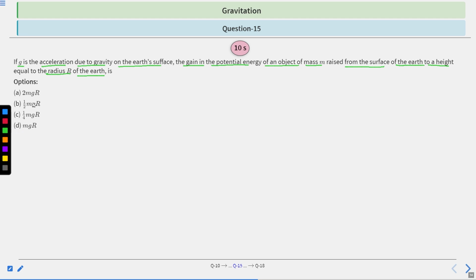Clear? So which option is correct? Option A 2 mgr, option B half mgr, option C 1 by 4 mgr, and option D mgr. Which one is correct? Clear? You have 10 seconds to solve this question. After 10 seconds, we will provide the solution. Clear?